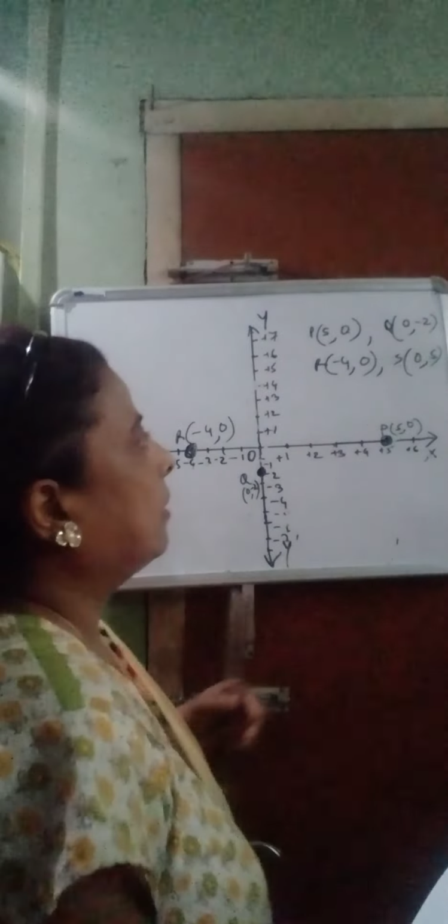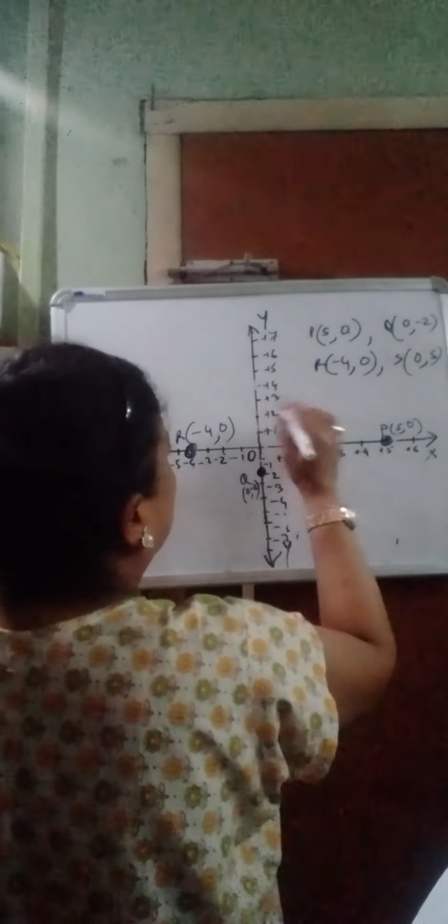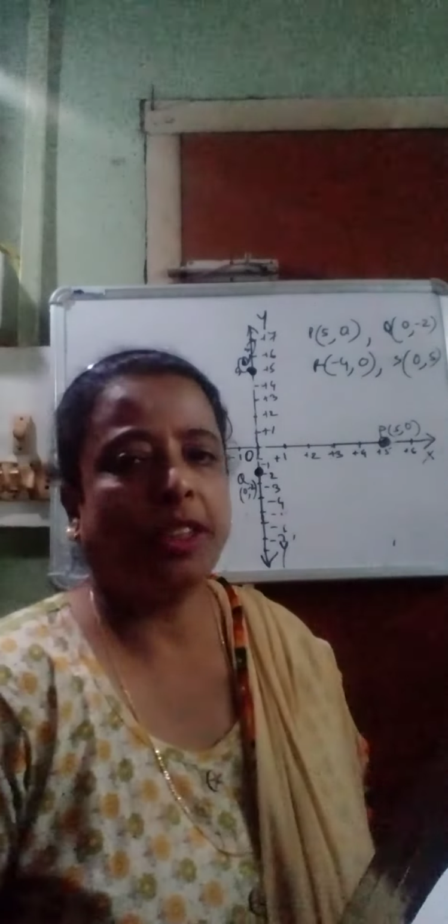Here there is no role of x because x is 0, and y is plus 5. So count 1, 2, 3, 4, 5. This is the position of S. If a question like this comes in your exam, you have to put the points.